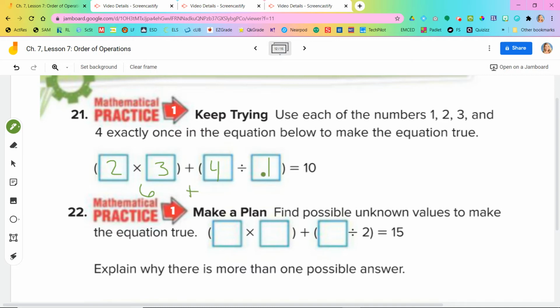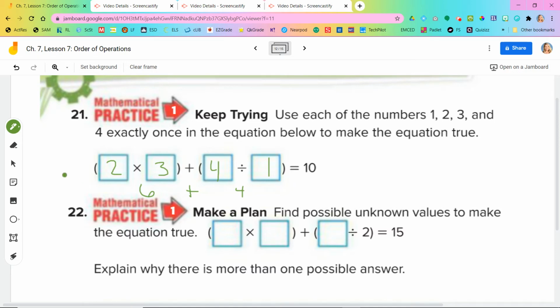Drop down my plus sign. 4 divided by 1 is 4, and 6 plus 4 is 10. That's why I say to find your groups, what your parentheses need to be, before you worry about the individual numbers in each of the missing blanks. All right, let's look at this next problem.